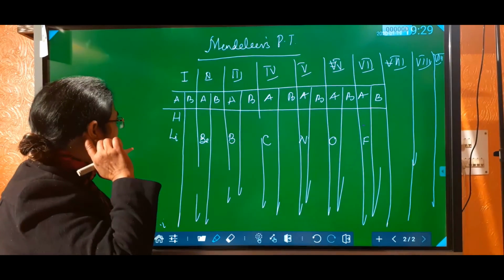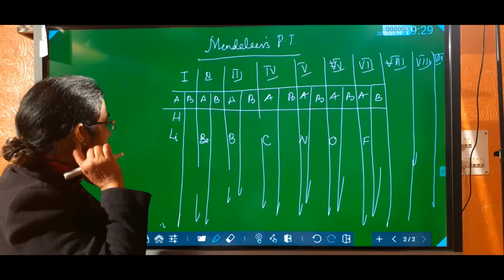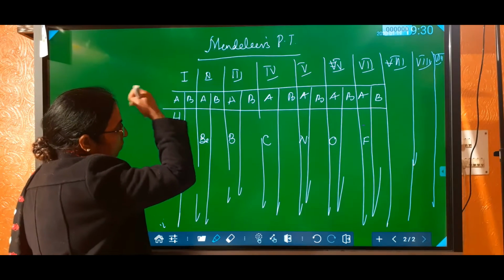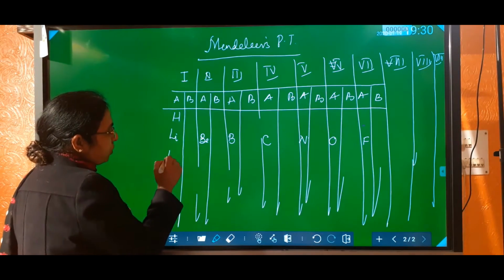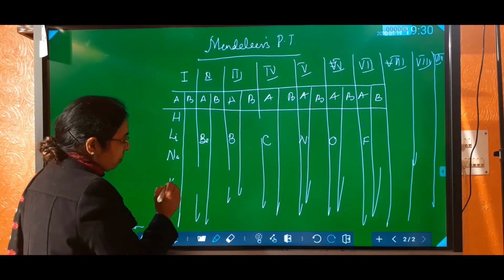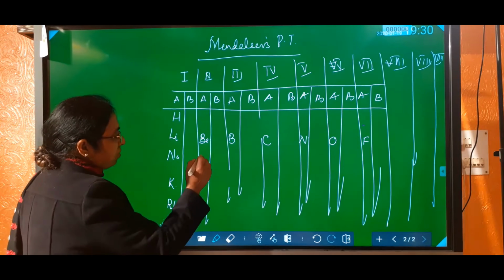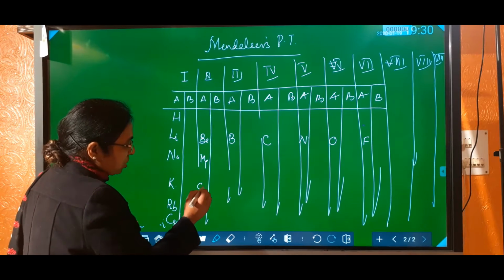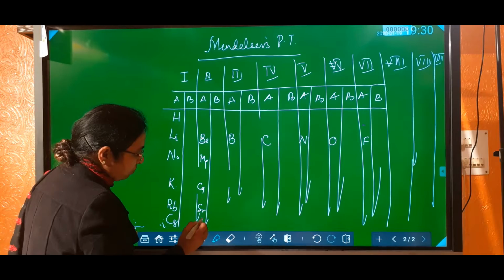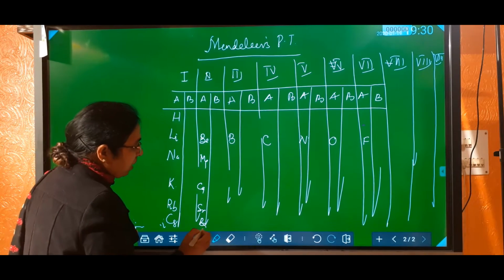So like this way he arranged. Over here, this becomes sodium, potassium, rubidium, cesium, and beryllium, magnesium, calcium, strontium, barium and radium.